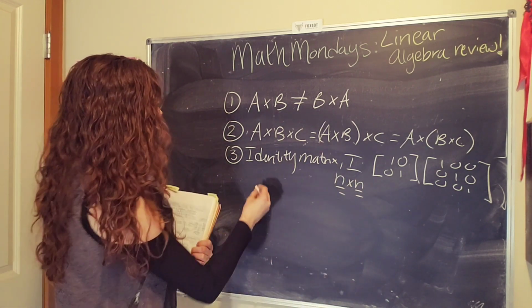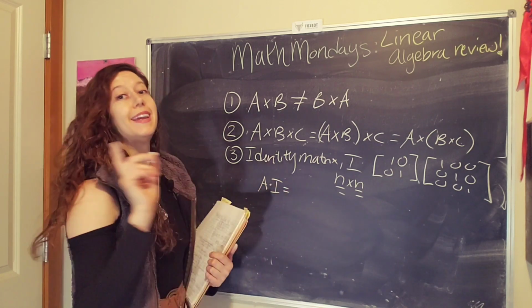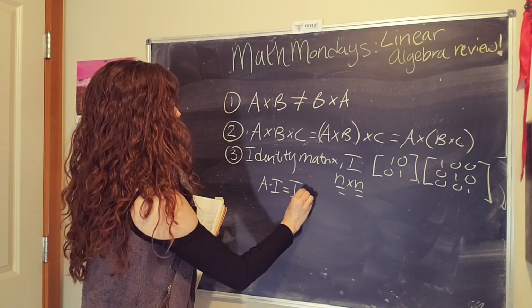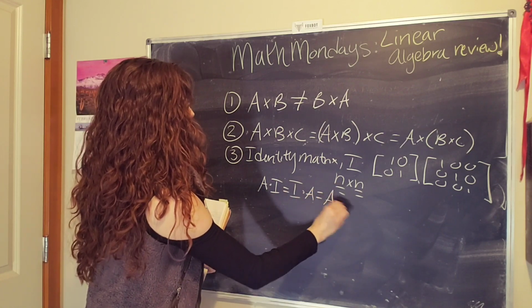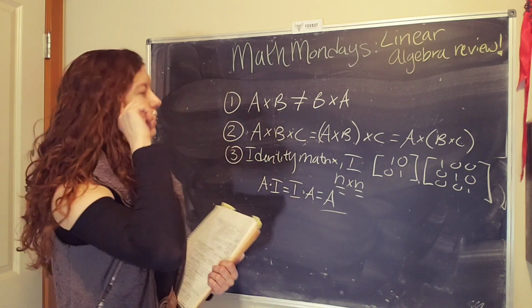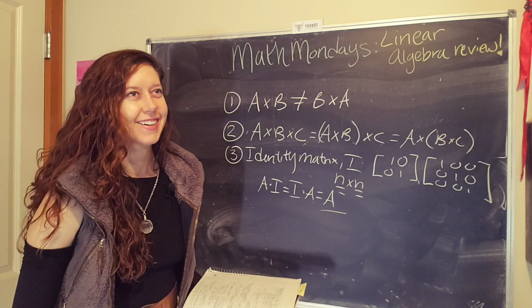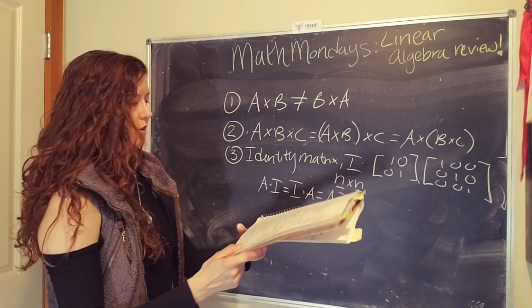For any matrix A, A times the identity matrix is commutative, equals I times A, and it just gives us our matrix A back. Maybe that's why it's called the identity matrix, because it identifies our matrix. Oh, math puns, so silly.